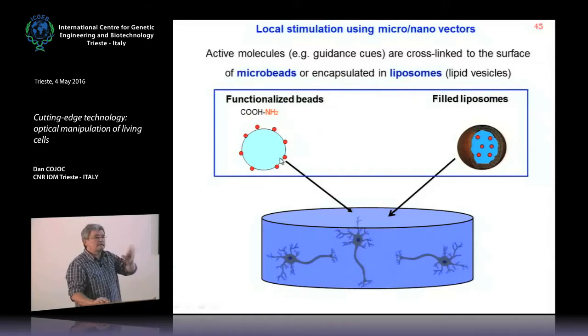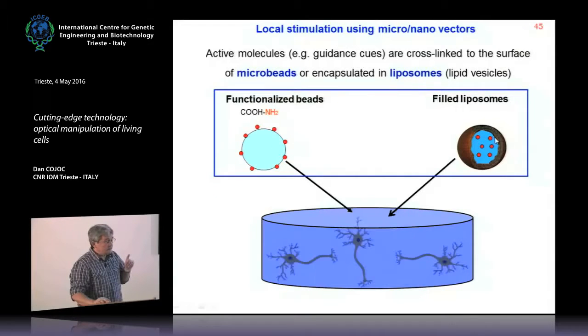Functionalized beads are silica or polystyrene beads coated with carboxylic groups, and you can easily functionalize them with every type of protein. This is one type of vector. Another type of vector is molecules encapsulated in liposomes.